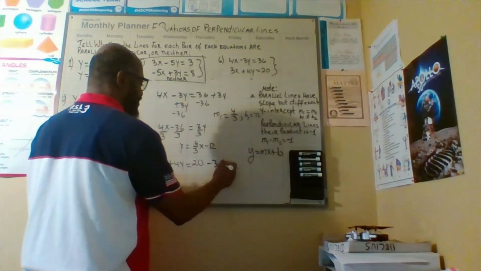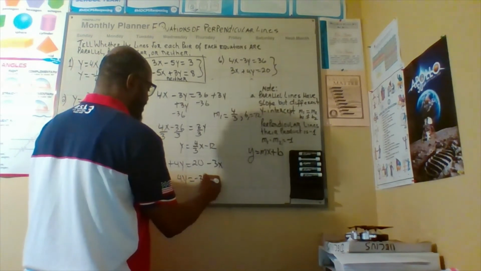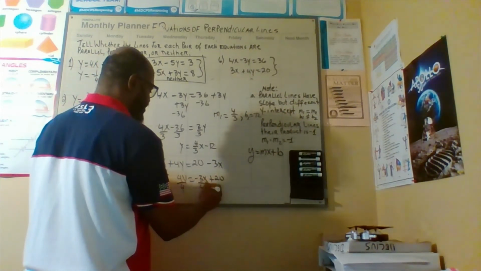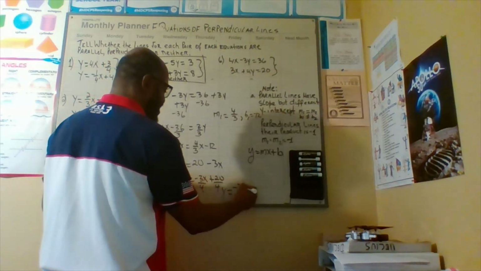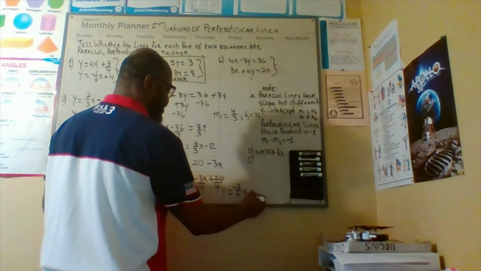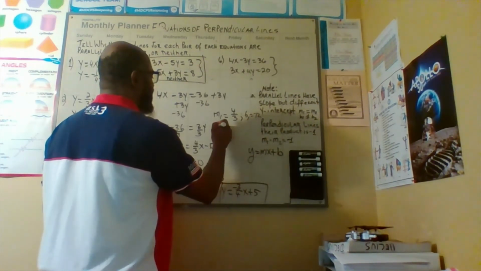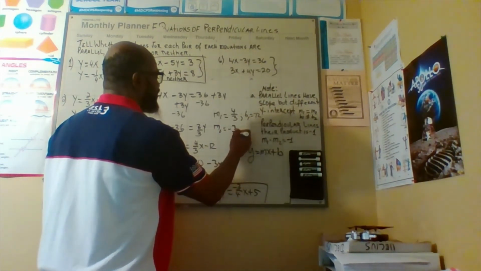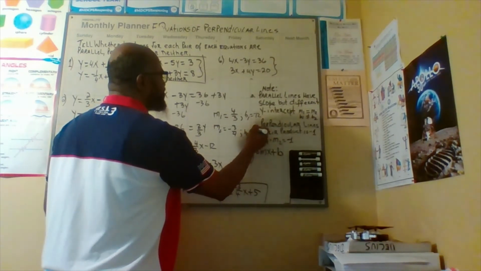Then I will have 4y equals negative 3x plus 20, divided by 4. I will end up with y equal negative 3/4 x plus 5, y equal mx plus b. In this case, m2 is negative 3/4 and b2 is 5.